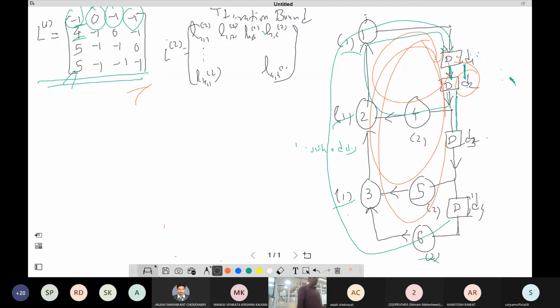Okay. Now I need to find out L2. Now in order to find out L2, what do you need to do? For that, there is one expression. Just let me write it down for that.